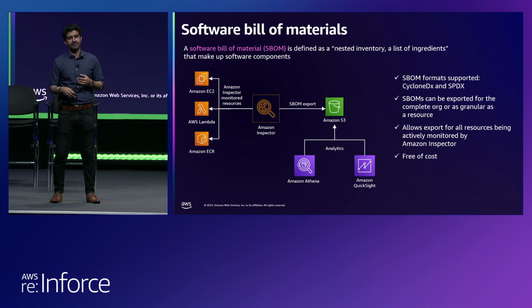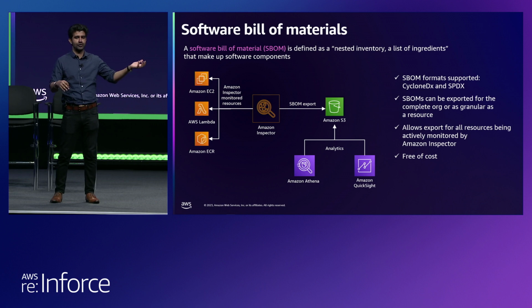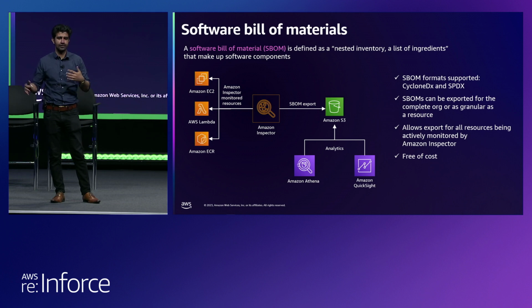You can also build QuickSight dashboards on it if you want to look at trends of, let's say, Log4j being used in 99% of your resources 5 days ago, and now it's being used across only 73% of the resources, hypothetically.